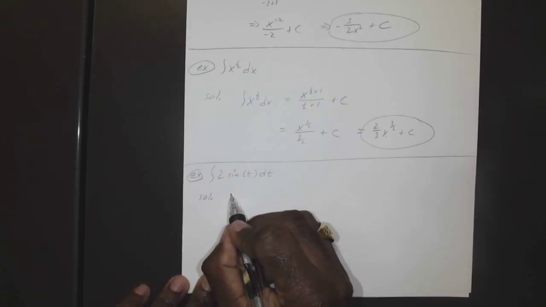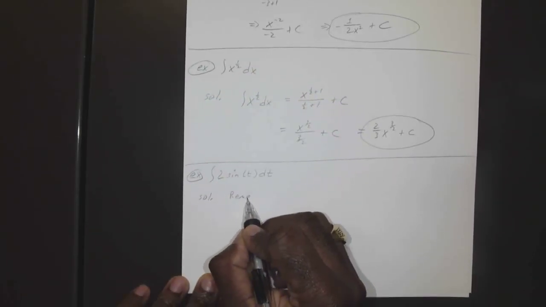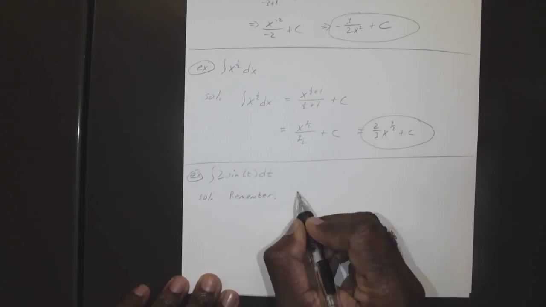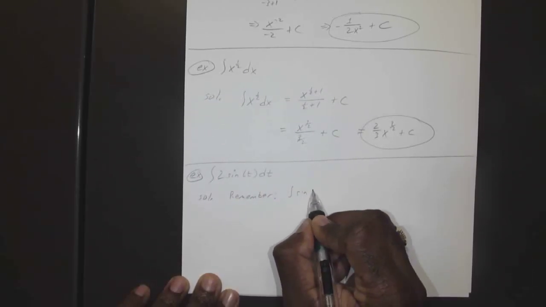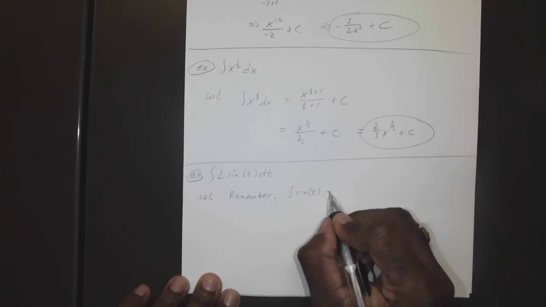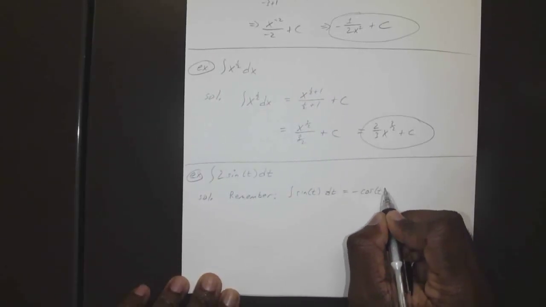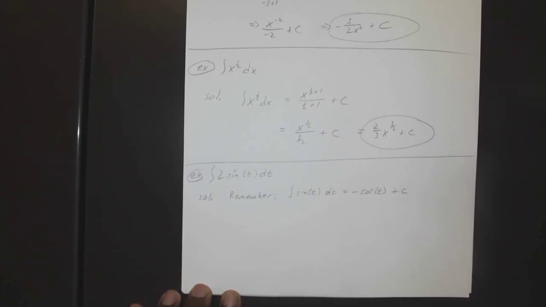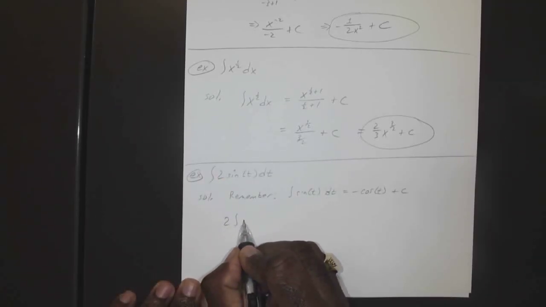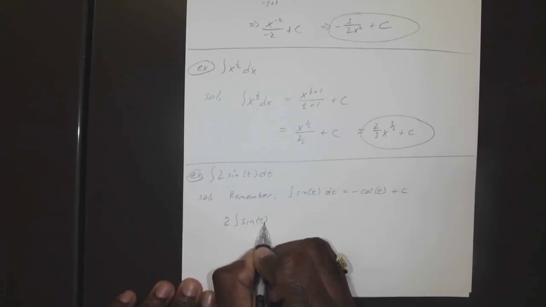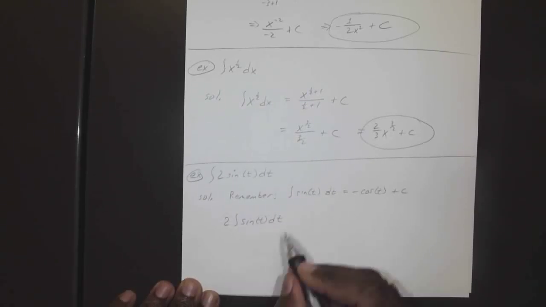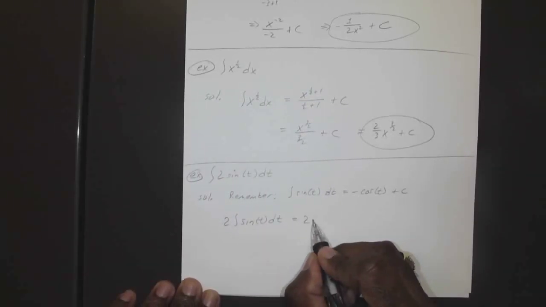Okay, so remember that the integral of sine of t with respect to t is equal to negative cosine of t plus c. So that means if we factor out that 2, we have 2 times the integral of sine of t with respect to t, which is just going to equal 2 times negative cosine of t.